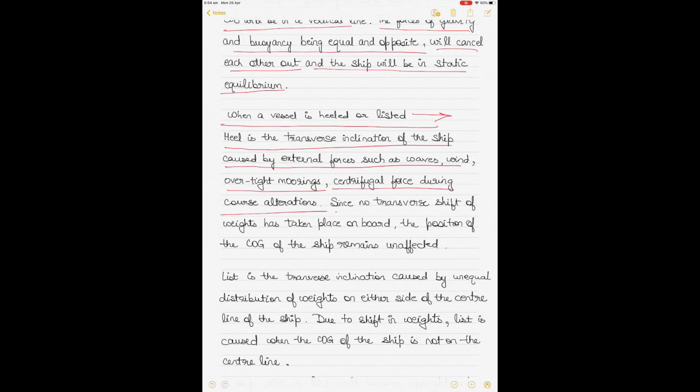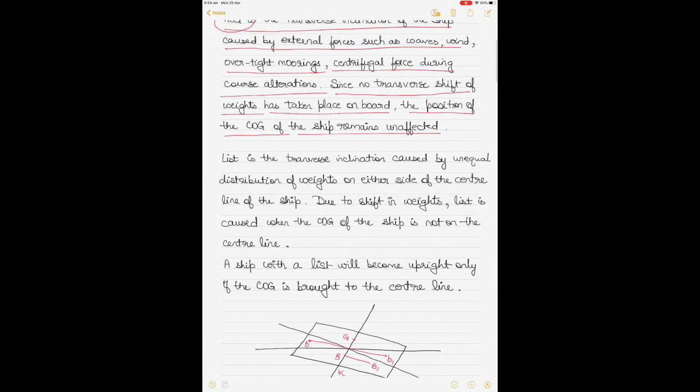Since there is no transverse shift of any cargo or weights on board, the position of the center of gravity of the ship remains unaffected in heeling. So in heeling, the center of gravity doesn't shift its position.